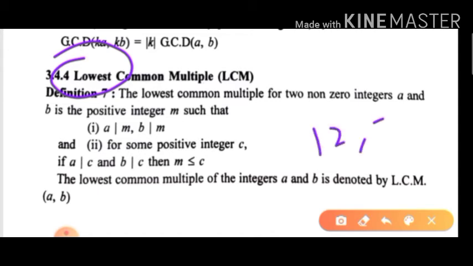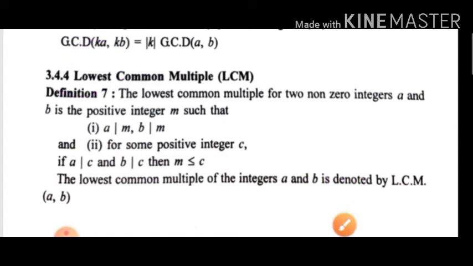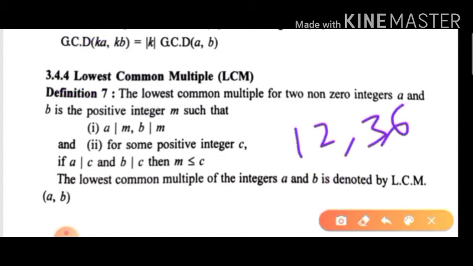Like 12 and 36, the LCM is 12. That means least common multiple or lowest common multiple, because their common multiples are there. If we take 12 and 36, what will be the LCM?